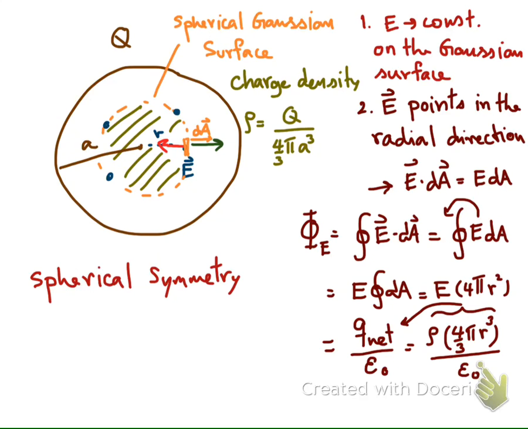So from this relation we have that E is equal to rho times r over 3 epsilon 0.